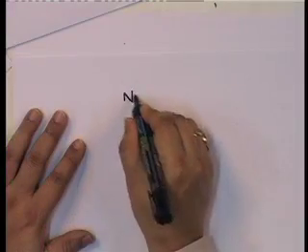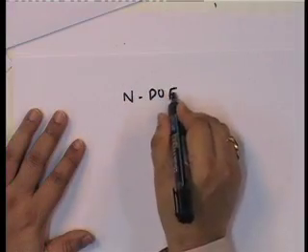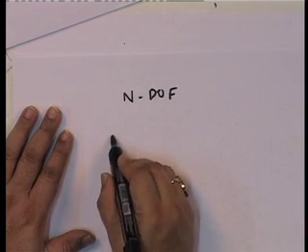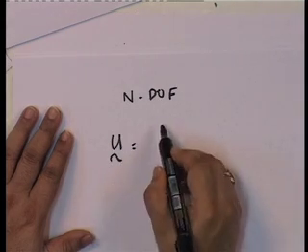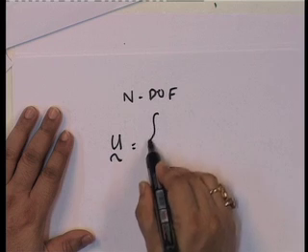So, overall, now I am going to define this in a fundamental sense, a multi-degree of freedom, an n degree of freedom structure. It is defined by a displacement vector.